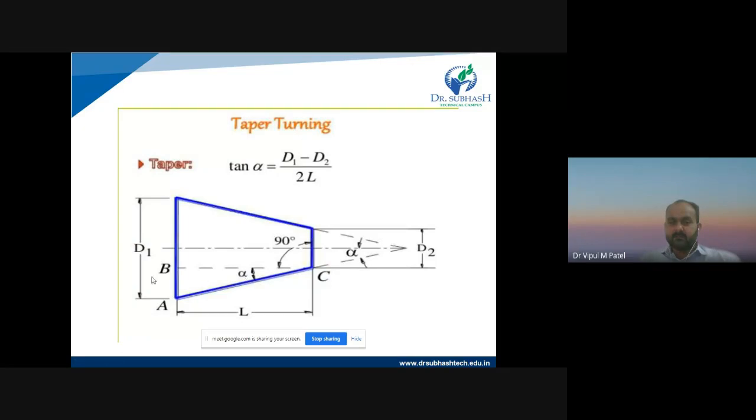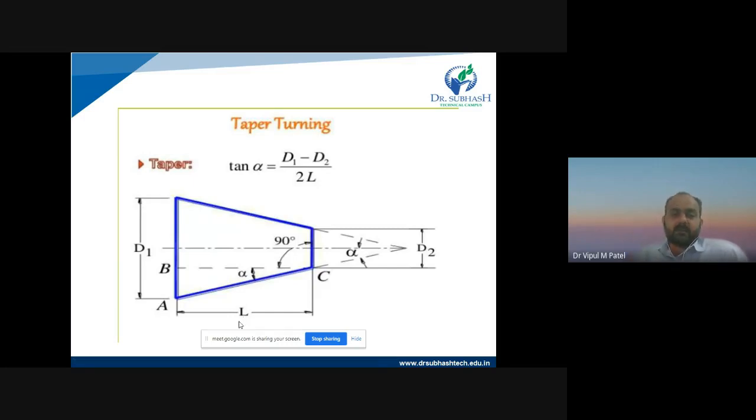Understand? If it is called B and it is called L, then on the basis of trigonometry, આપણે trigonometry ભણ્યા મેથ્સ ની અંદર, એ પ્રમાણે આપણે લખી શકીએ: tan alpha is equal to (D1 minus D2) divided by 2L, where L is the length of the tapered surface.